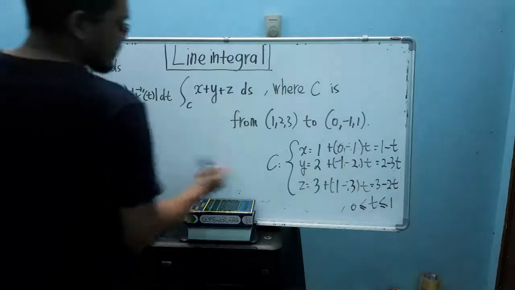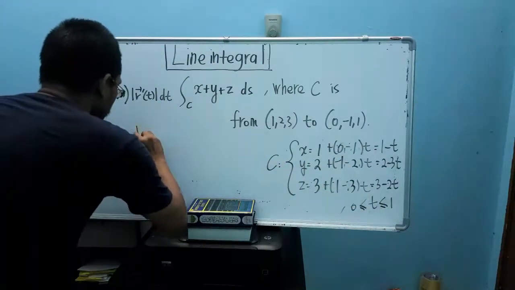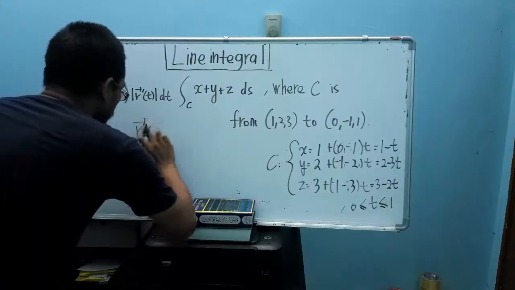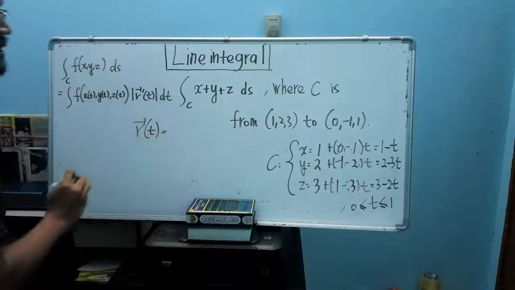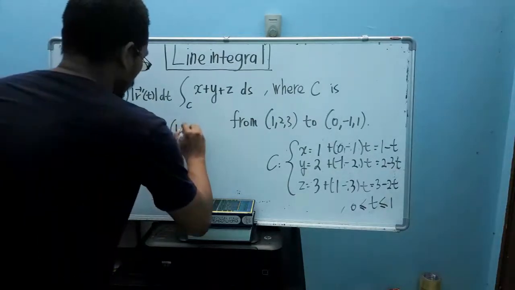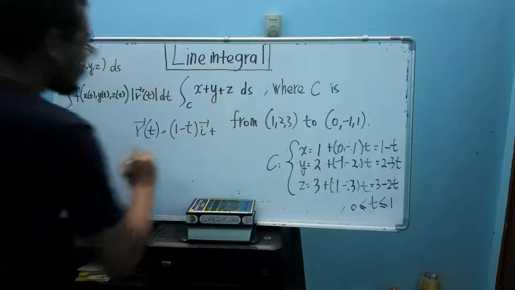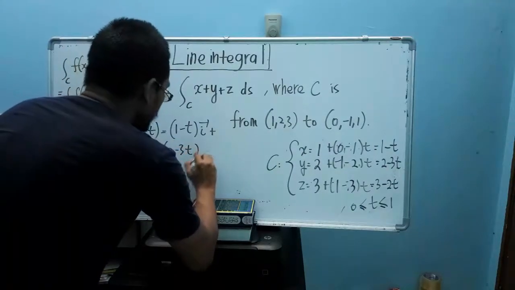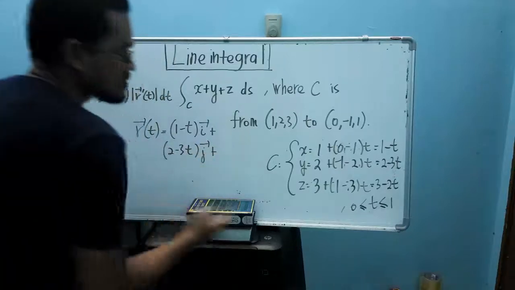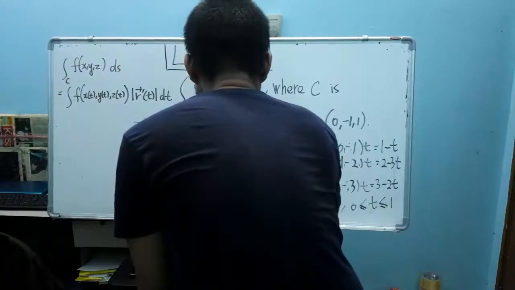Then from this parametric equation, I can find my r(t). What will be my r(t)? r(t) is equal to (1 minus t) i, plus (2 minus 3t) j, plus (3 minus 2t) k.